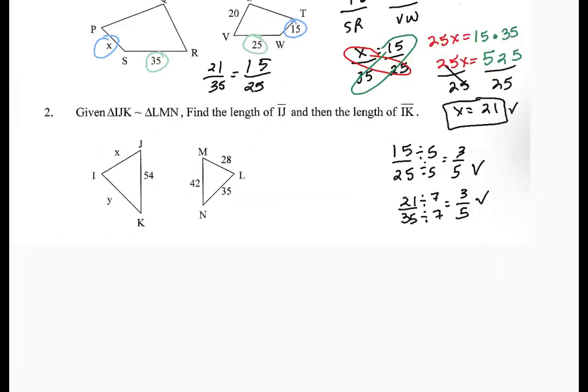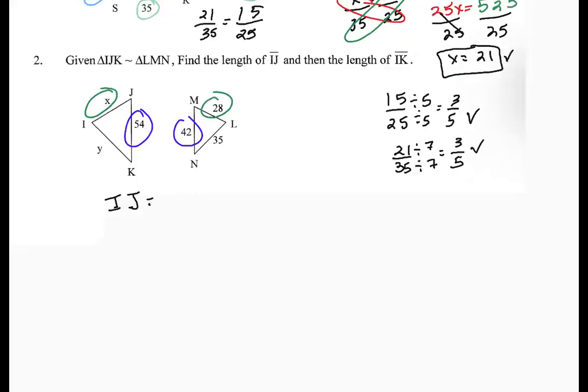Okay, so the x's, x and 28 go together, and 54 and 42 go together. So when I write it out, I'm going to have IJ is equal to ML, and then JK is equal to MN.